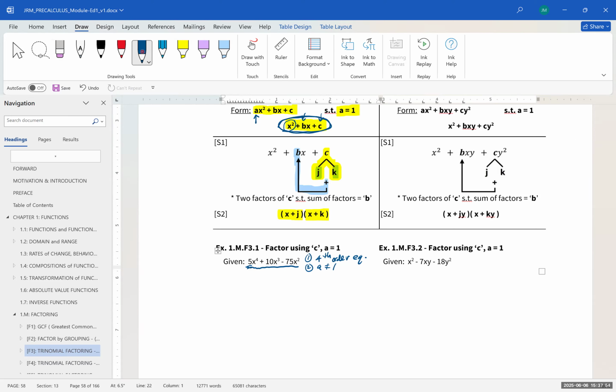So let's try and break down each of these terms into maybe a greatest common factor for each one. The first term we could write as 5x squared times x squared. The second term, we could write as 5x squared times 2x.